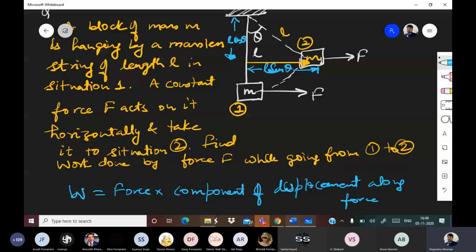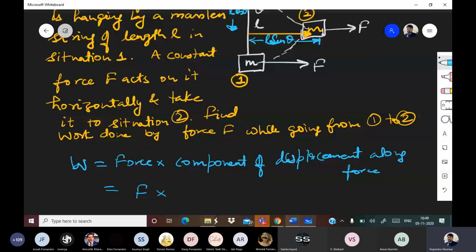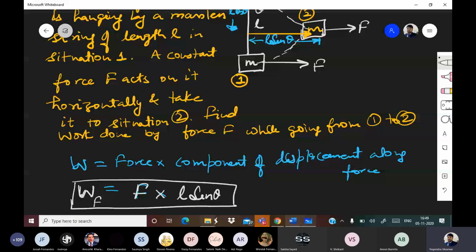Force is F and component is L sin theta. So WF, work done by F, will be FL sin theta.